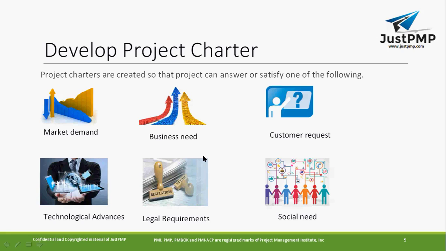Business need is basically, in this case, any organization that is right now e-commerce, right? You can book anything through the website. Now they want to launch a different app, an Android app or iPhone app. So this is a new business requirement. Business need is there, so in that case the project can come in the picture. Customer request: any specific customer wants something new done according to their requirement.